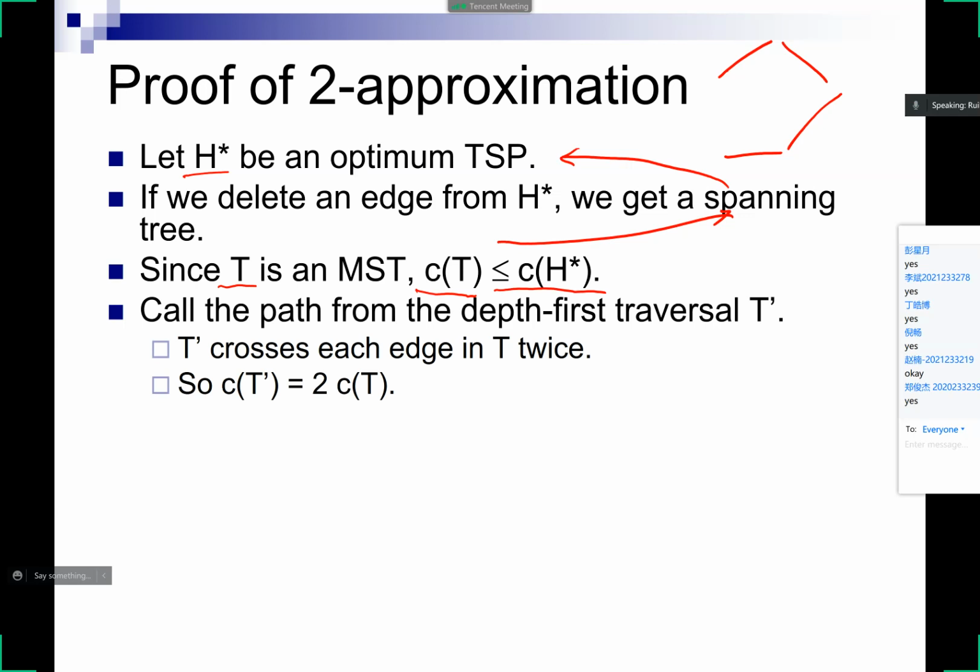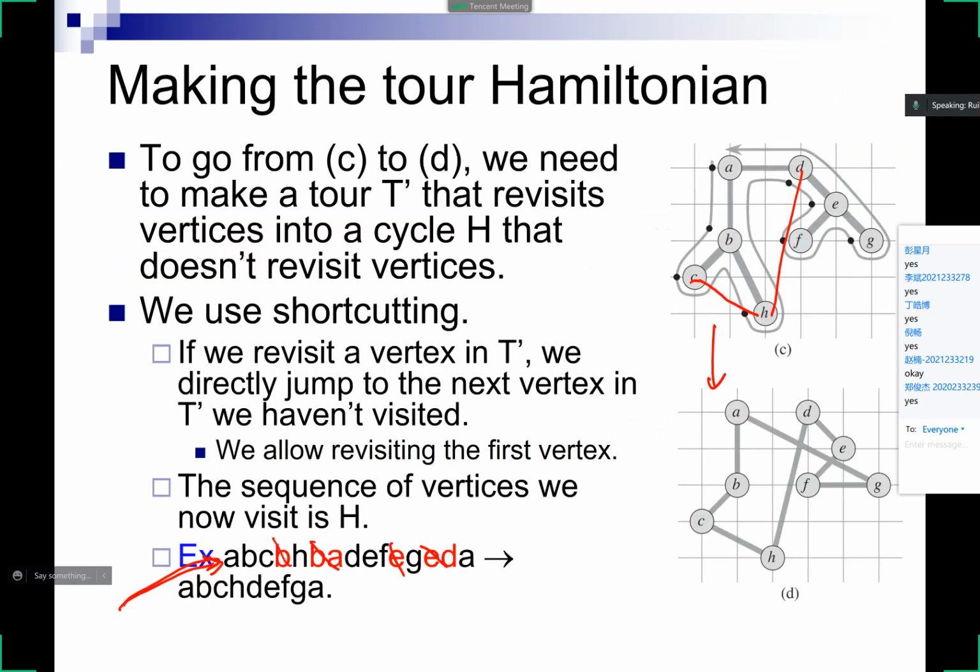The next thing we did after the MST was the depth-first traversal on the MST. What that depth-first traversal does is cross every edge in the MST twice. Let's go back to the picture over here. If you look at this DFS, you see that every edge in the MST gets used twice.